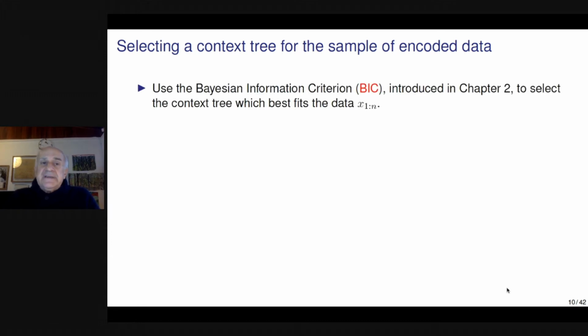We have already seen in these lectures that there is a criterion, the Bayesian information criterion, which selects in a consistent way the context tree which best fits a data sample.